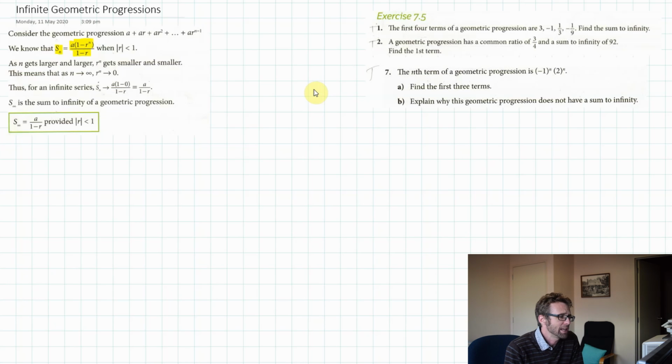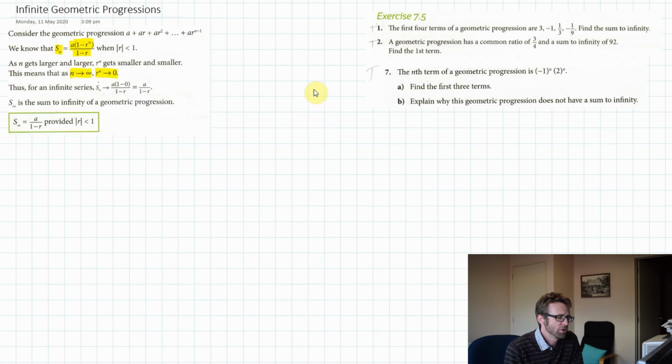And so as n gets larger and larger, r to the power of n gets smaller and smaller. So that means that as n approaches infinity, r to the n is going to approach 0.